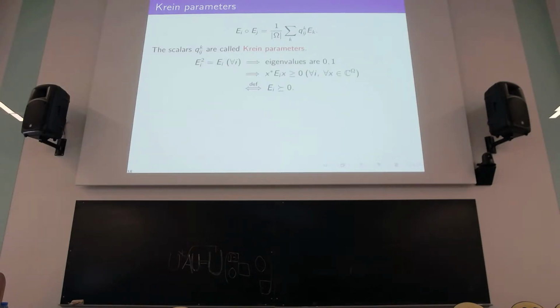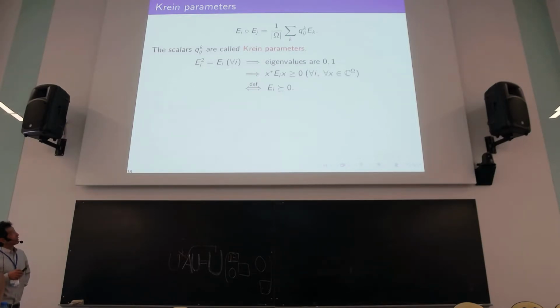But to do that, I need a very basic fact about positive semi-definite matrices. We know from a few minutes ago that these primitive idempotents are Hermitian matrices, and of course each squares to itself because it's an idempotent.